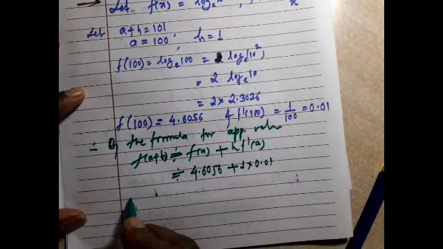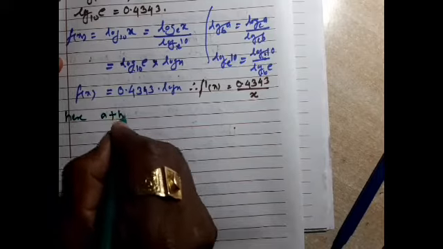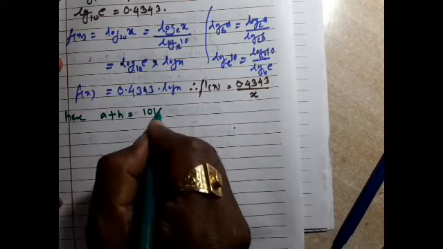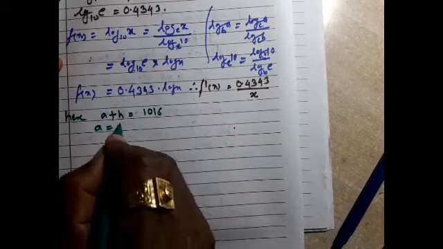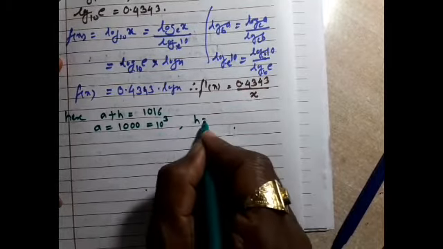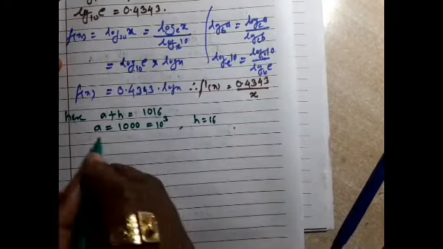And therefore, f dash x is 0.4343 divided by x. Now here a plus h is 1016. Let us consider a is 1000. This is nothing but 10 raised to 3 and h is 16.